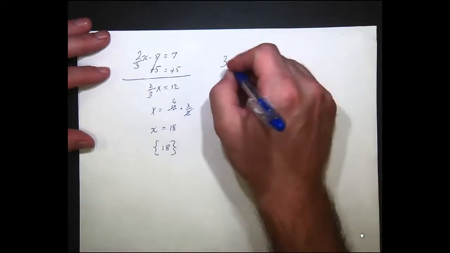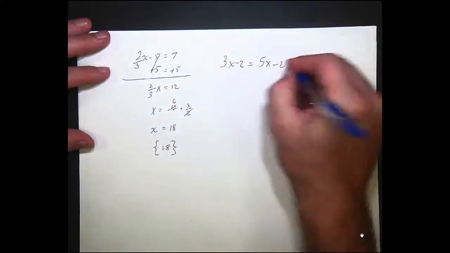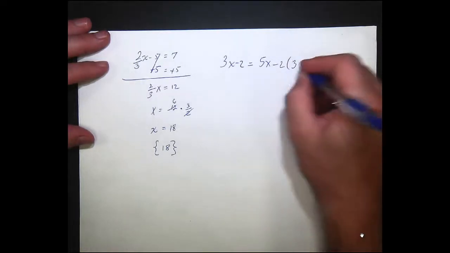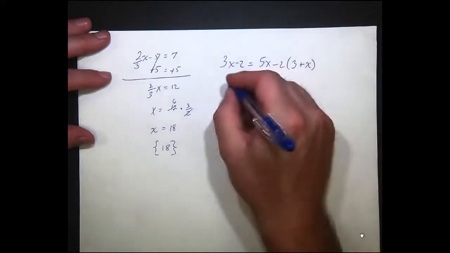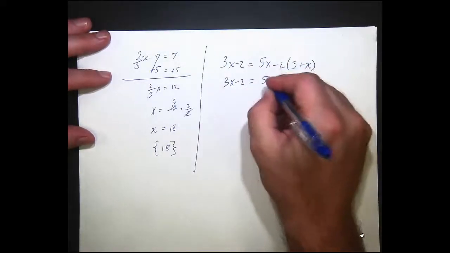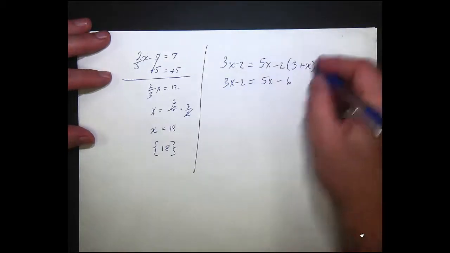Now sometimes we might, after a bunch of simplification, have 3x minus 2 equals 5x minus 2 times (3 plus x), and we solve that. We would distribute this. We get the negative 6. We distribute the negative 2 again.